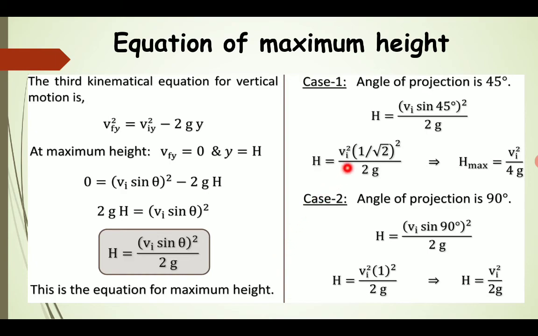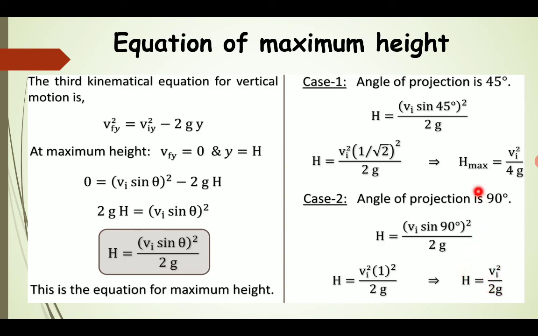Now we have two cases for this maximum height. When the angle of projection is 45 degrees, substituting theta as 45 degrees, the maximum height is v_i squared upon 4g. And when the angle of projection is 90 degrees, sin 90 is 1, so the height is v_i squared upon 2g.